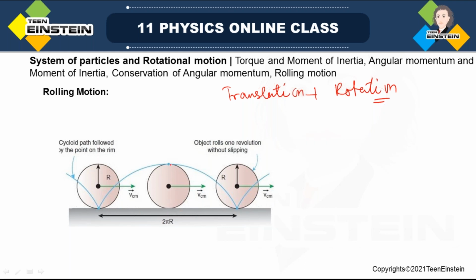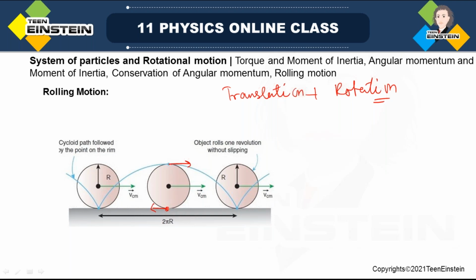You can see that. In case of rotation, I forgot to tell you, if this point is moving this way, the bottom point will move in the opposite direction. At the bottom point B, the linear velocity due to rotation is directly opposite.